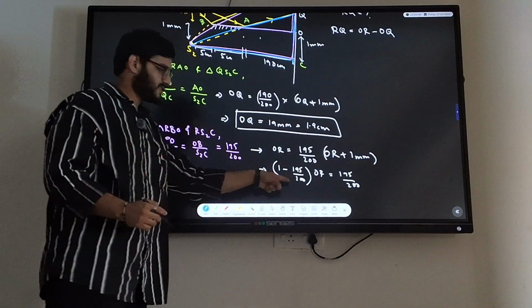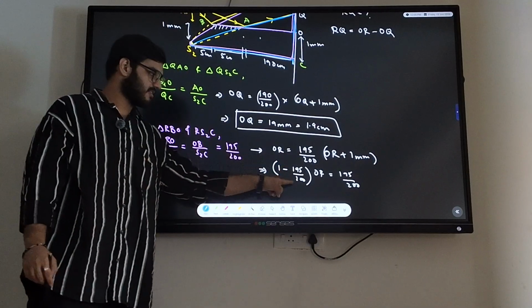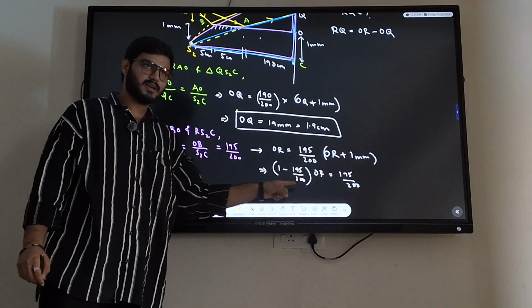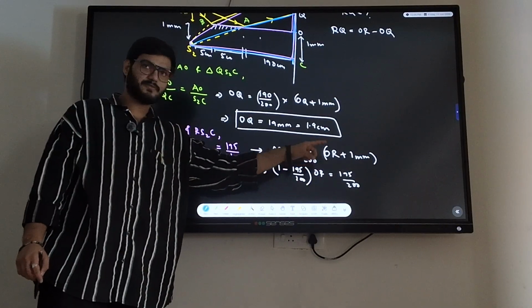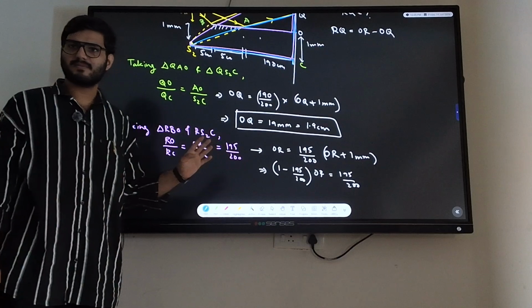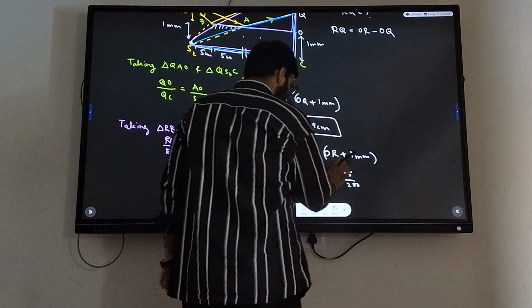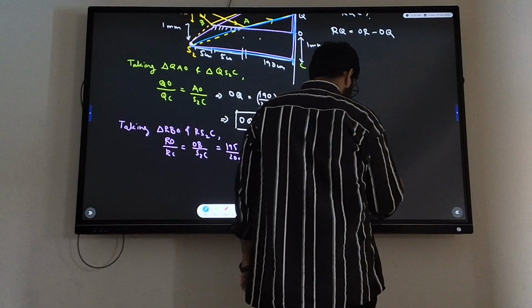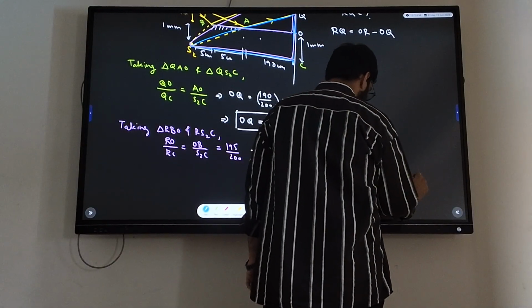And now take the LCM. I think that will get 5 by 200. 200, 200 goes. And then what will you get OR to be? 195 by 5. Is it okay if I skip some steps? Yes. So you check it later yourself that OR should be equal to 195 divided by 5.